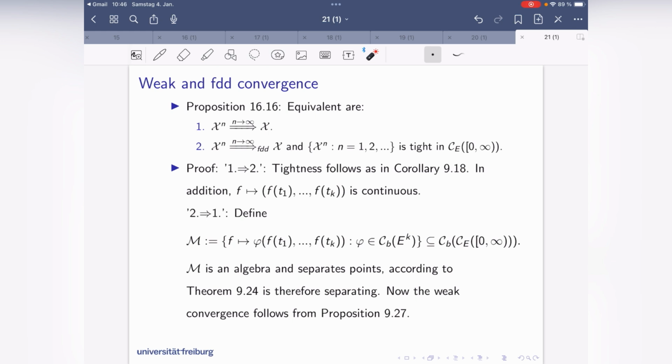On the one hand, we have tightness, which means that tightness is the same as relative compactness, which means we have potential limit points from Prohorov's theorem. And for these potential limit points, we would need to show that they are unique.